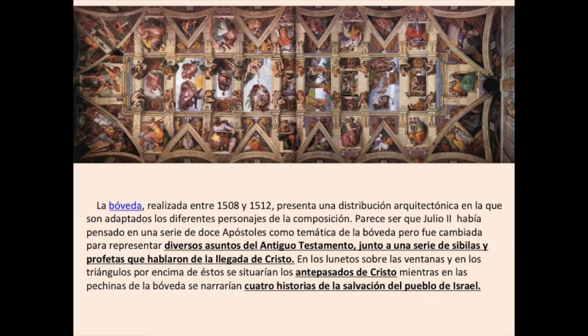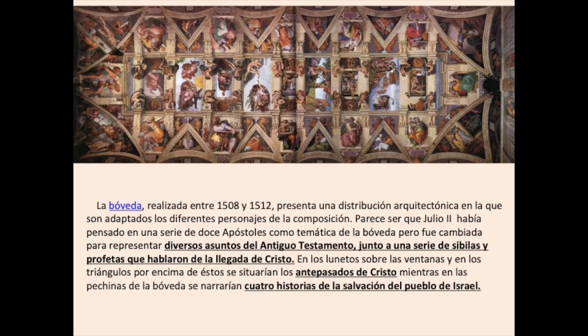That's the vault. Here we're going to see that he creates a lot of bodies. So he's centered on the representation of the human being, anthropocentrism. And he also creates fake architectures, trompe l'oeil, a trap for the eye.